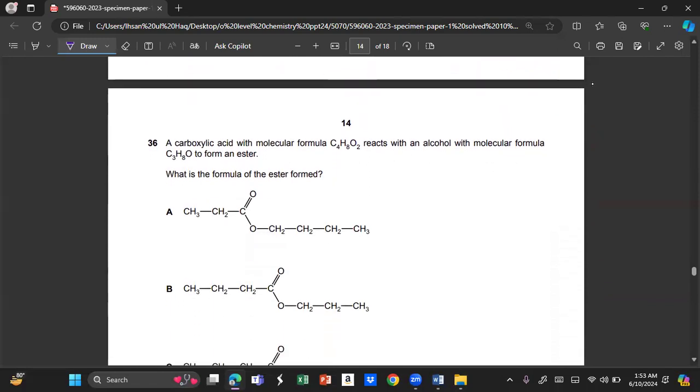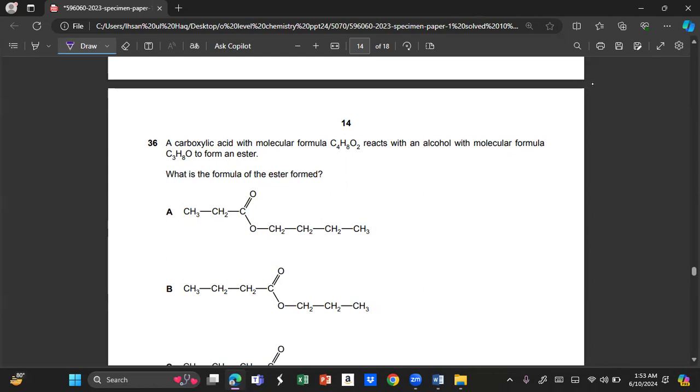That is 36. A carboxylic acid with molecular formula C4H8O2 reacts with an alcohol with molecular formula C3H8O to form an ester. Boys, you must keep in mind that an ester is a sweet smelling product. It is formed by the condensation reaction between an alcohol and a carboxylic acid.